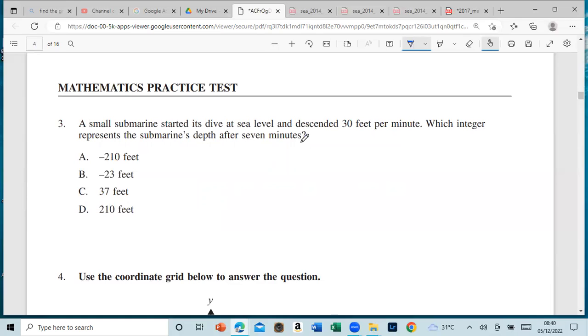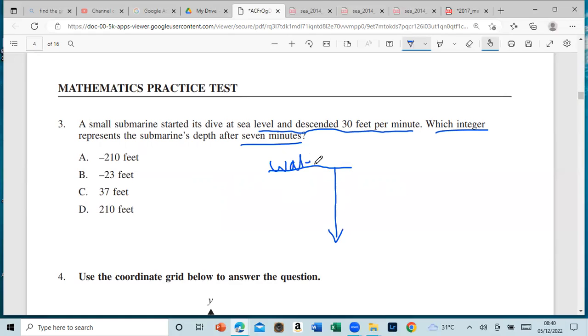So it can be negative or positive. Basically, let me just explain. This is the sea level, and the submarine is heading down. You know, a submarine is underwater. So this is the water, and it's heading down.